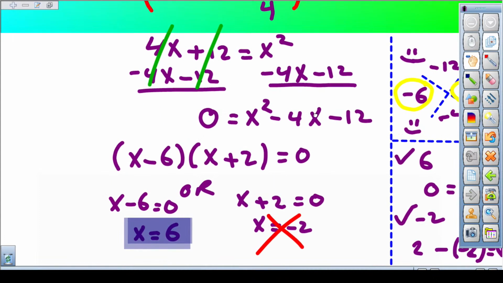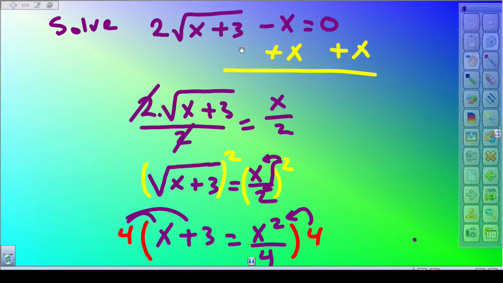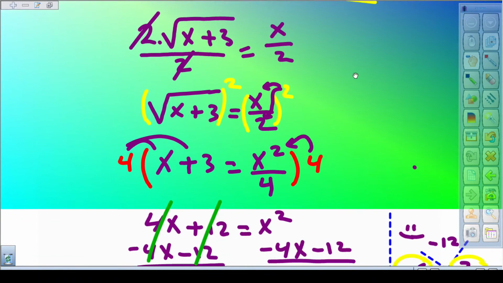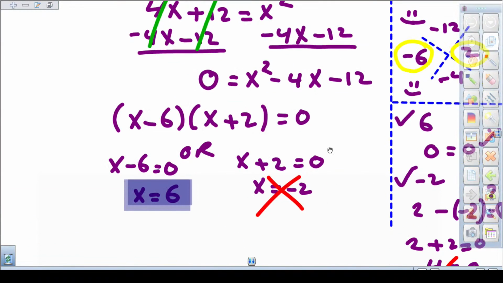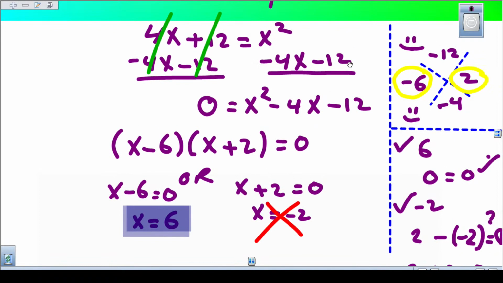Okay, so take a look back here at the problem and you'll find out that x equals -2 does not work. Okay, guys. All right, this should conclude our lesson today on solving quadratic equations. I'm sorry, solving radical equations.